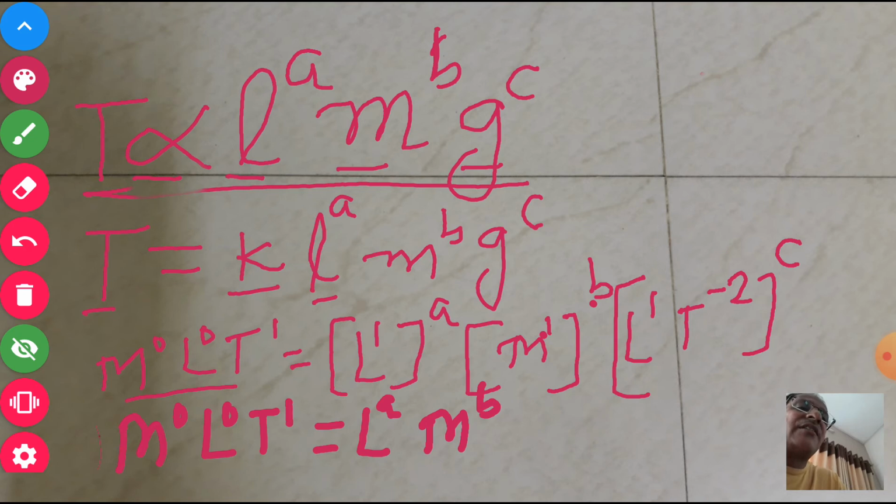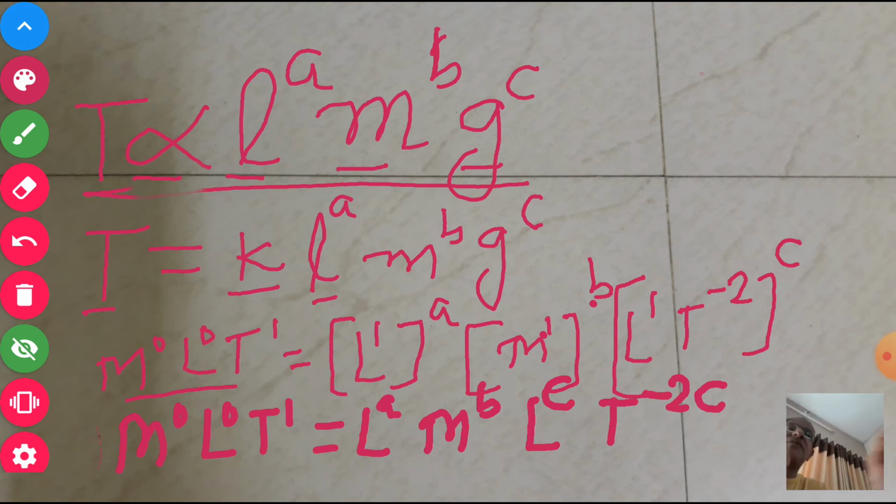Then here again it becomes L^c, and T raised to minus 2c. So this is what the right hand side simplifies to.